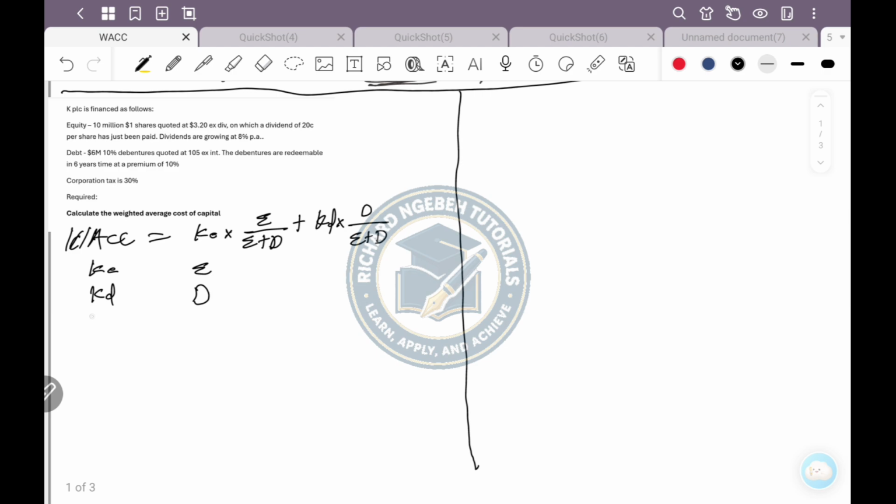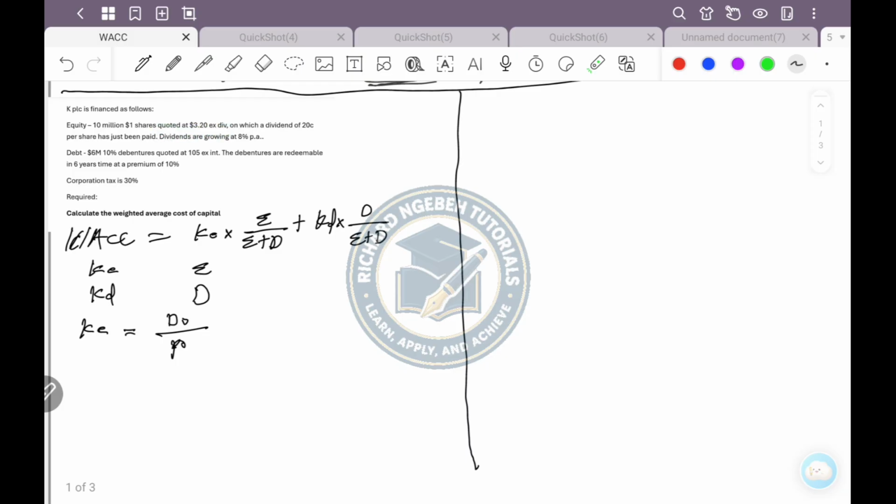First, let us look at KE. The formula for KE, as you know, is D0 upon P0. In this question, you have to be mindful that your dividend is given, and remember your P0 as well is given, and on this it is ex-div.